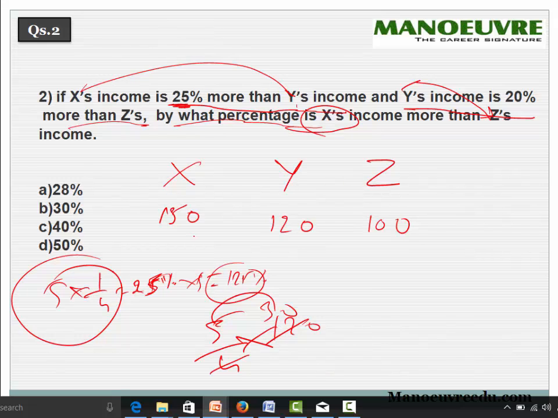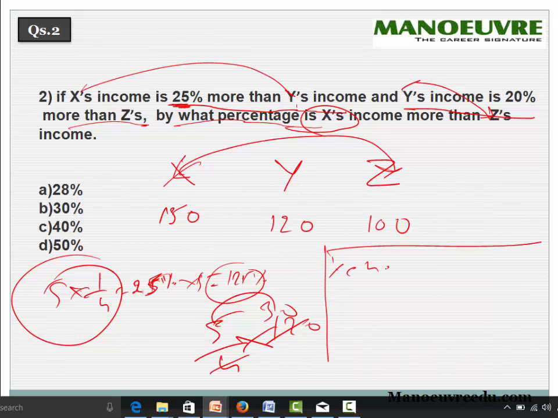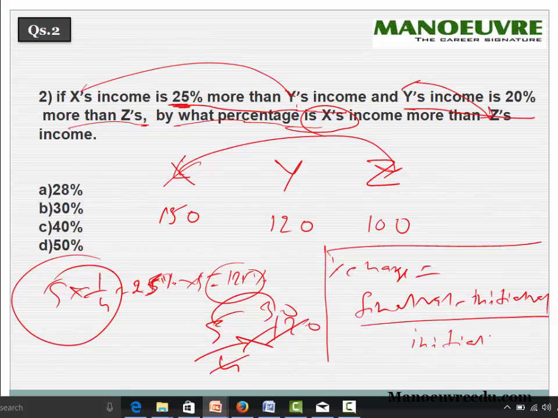Now the question is, by what percent is X's income more than Z's? As I gave you the formula, the percentage change formula, which is final value minus initial value upon initial value into 100.